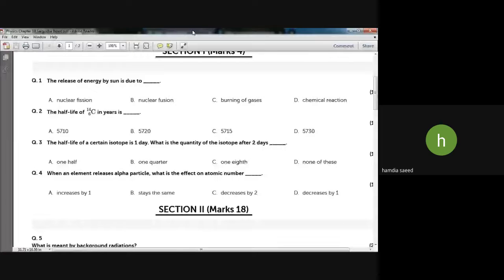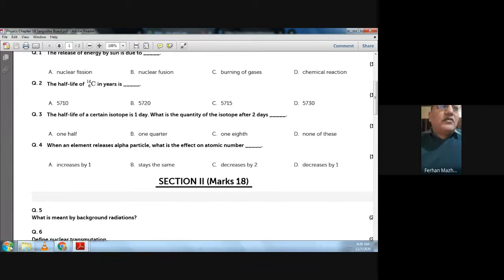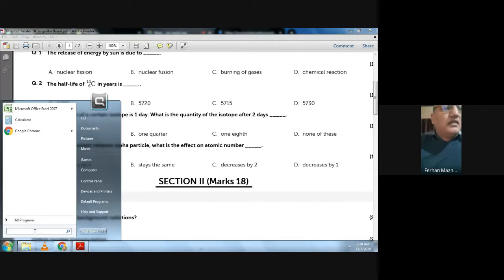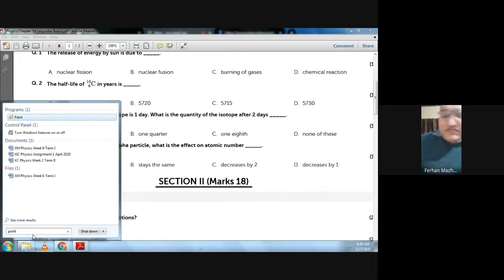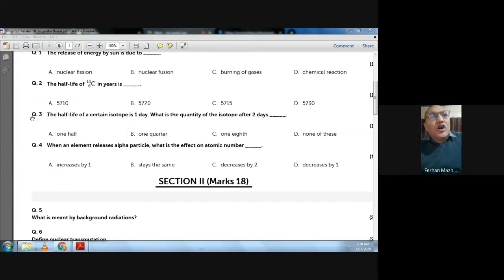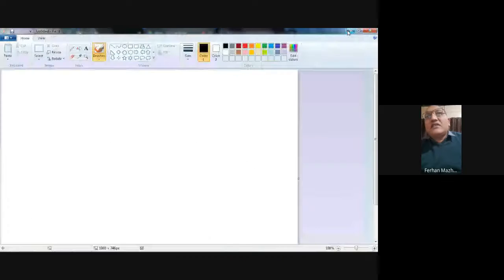Okay. The next question on your screen is: the half-life of a certain isotope is 1 day. What is the quantity of the isotope after 2 days? Let me take one of the pages so I can show you. Half-life is 1 day. So how much will be left after 2 days?